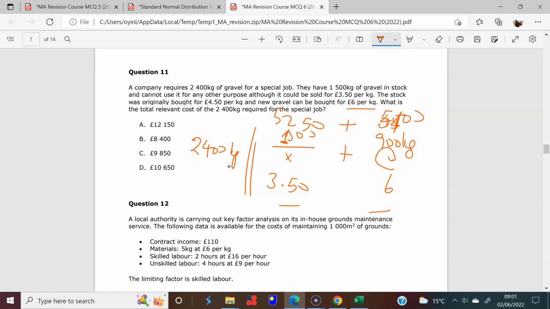Forgive me, 5,400 plus 5,250. And you have here 10,650 as your valuation. Right, good. So key point here is that whenever stock can be sold, as in if they're not using it, then the relevant value becomes what you can sell it for. Right? So that's that.